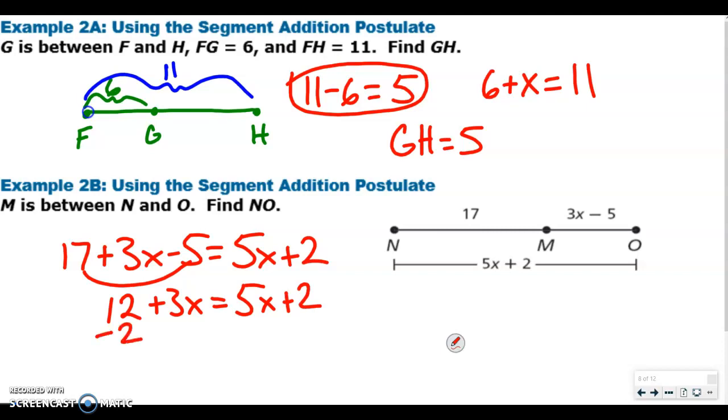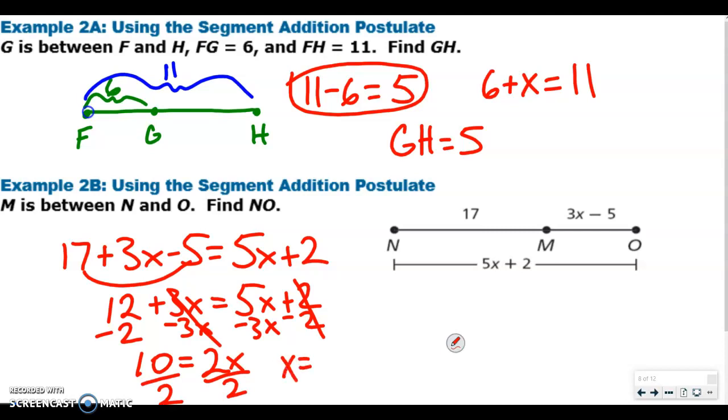So I'll subtract 2 over, subtract the 3x over, 10 equals 2x. Divide by 2 to get the x by itself. So we know x equals 5.